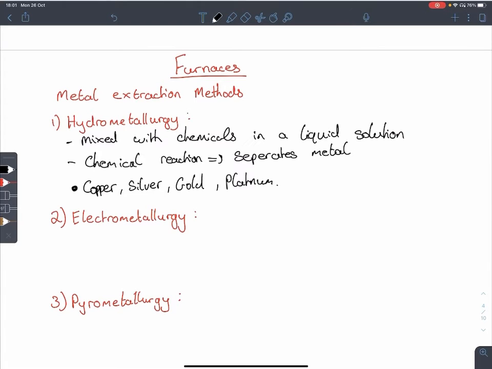Now, electrometallurgy is where electrodes are placed in a liquid solution containing concentrated ore. The metal is attracted out of the solution and deposits onto one of the electrodes. This is called electrolysis. So the electrodes are dipped into the solution.